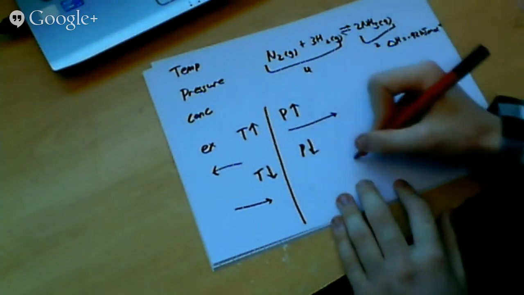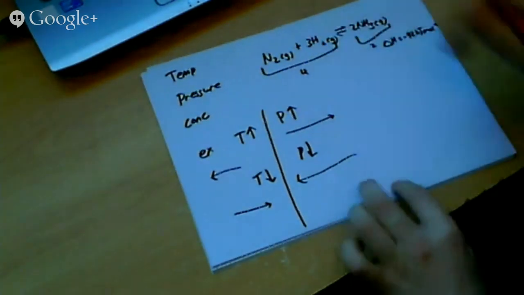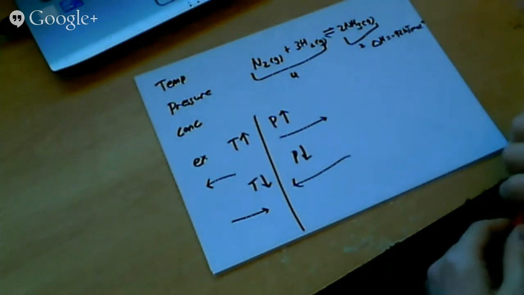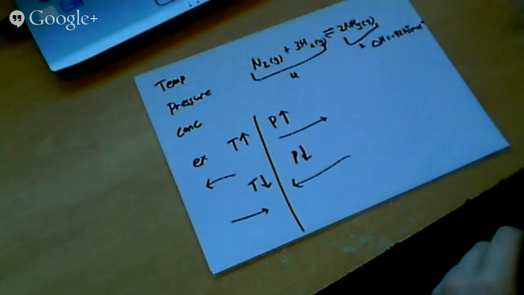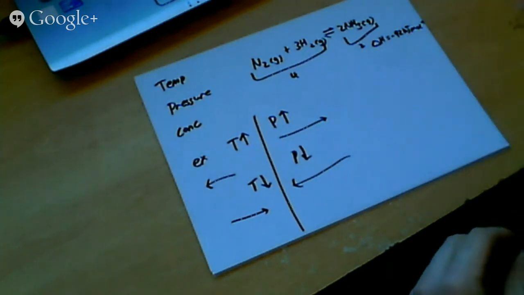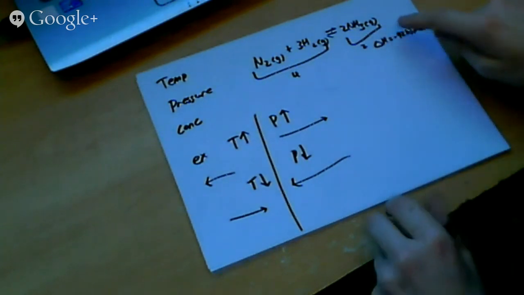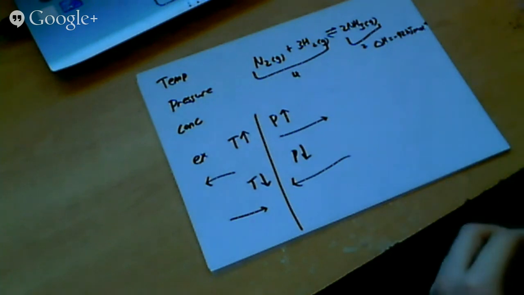If pressure decreases, shift that way because there are more moles of gas. Because pressure squashes things in, so you want to have the same amount of atoms going around in the same volume. So if you decrease the moles and the pressure's being increased, it works out the same.